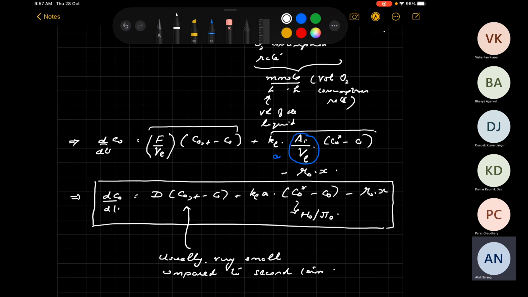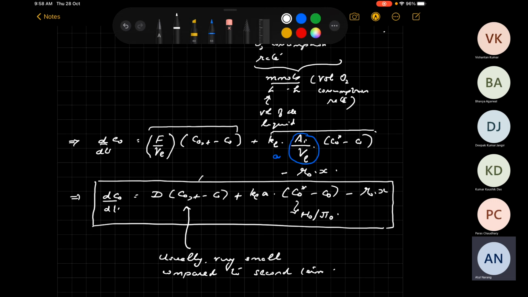In other words, physically what you're saying is that the amount of oxygen that is brought in, solubilized in the liquid phase, is really quite small compared to the oxygen that is being pumped from the gas phase into the liquid phase.